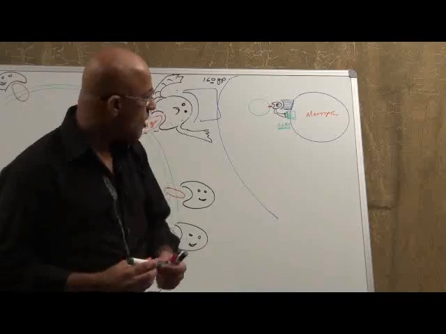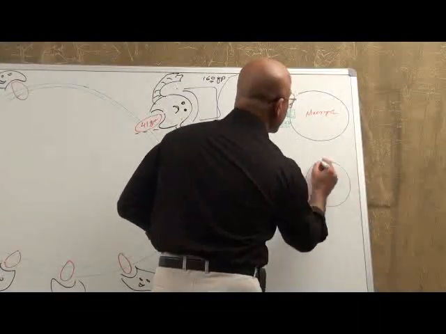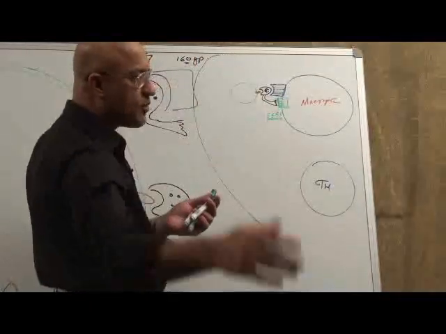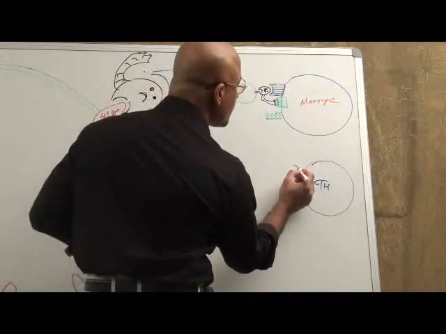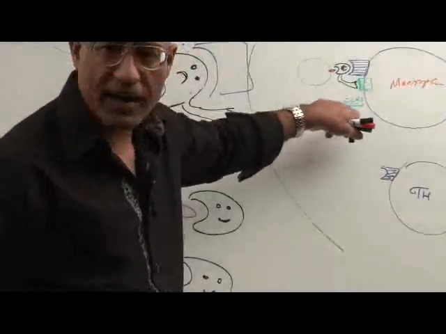But rather than a macrophage, if it is a T helper cell, then the mechanism is a little different. T helper cell of course also has CD4, but it does not have CCR5.